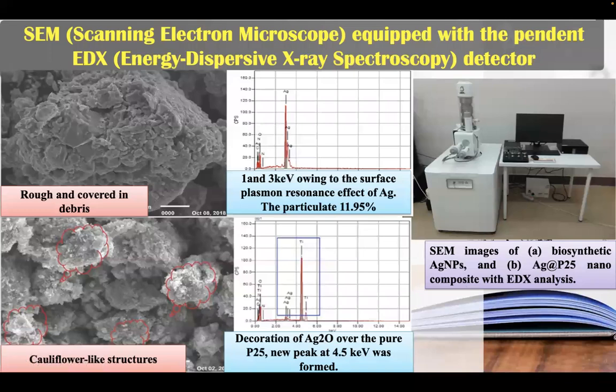And SEM, and we also use X-ray, XRD, and you can see here how it looks for the nanoparticles.